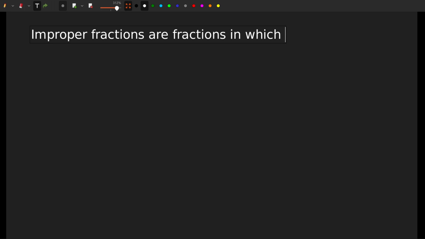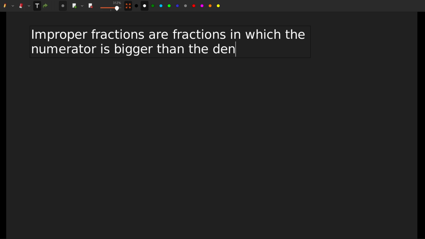Improper fractions, I missed an N, are fractions in which the numerator is bigger than the denominator. Okay, sounds pretty simple. And in a way, it kind of is. I mean, overall, I think it is pretty simple once we get the hang of it.